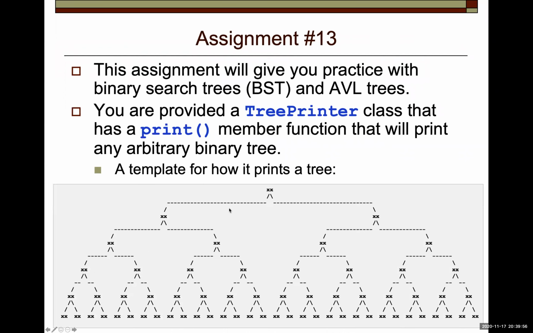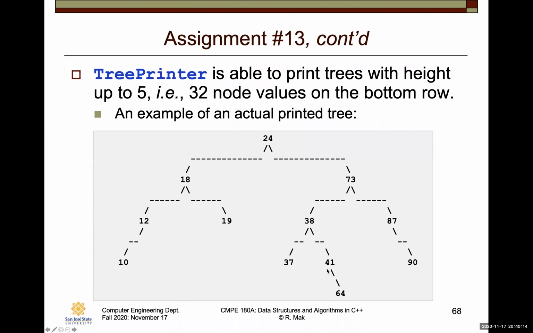So this is how the tree gets printed, and you can see that it can handle a tree of up to 6 levels, and down here at most 32 leaves if the tree is completely full. And here is what an actual tree would look like. So I give you a tree printer so that after you do insertions and deletions and rotations, you can print out your tree.